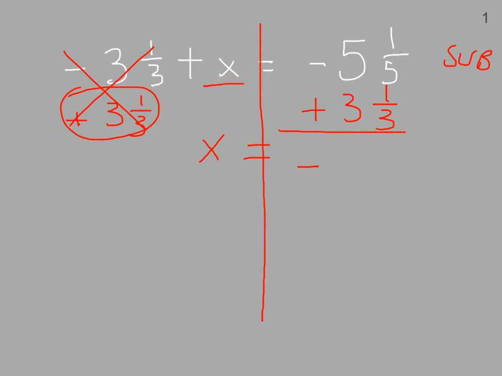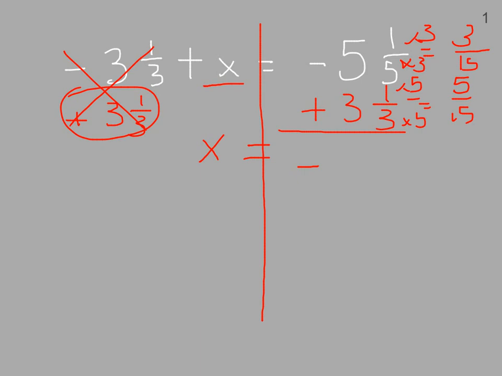So now what I do is I'm going to find a common denominator. And with 5 and 3, that would be 15. So I'll make new fractions with 15 as a denominator. Multiply that times 5, and that times 5, which gives me 5 here, and then this one is times 3, and that's times 3, so I have 3 here.